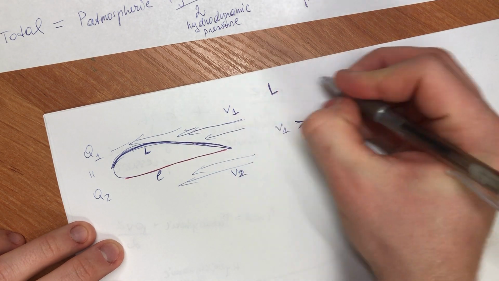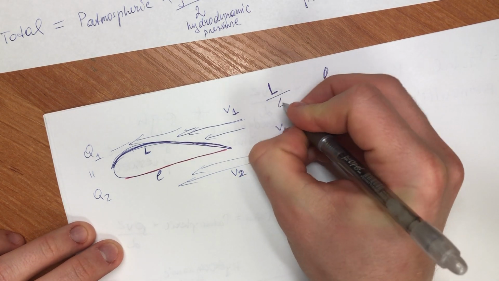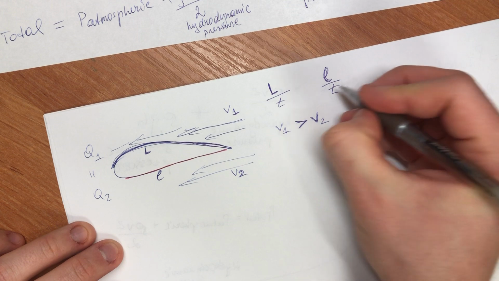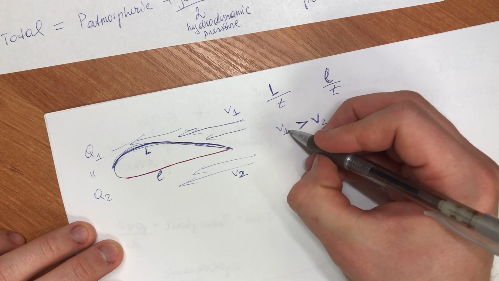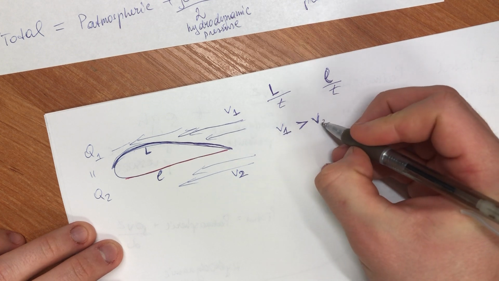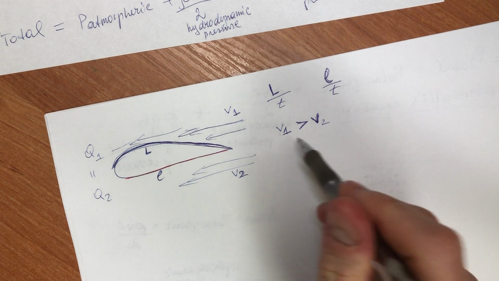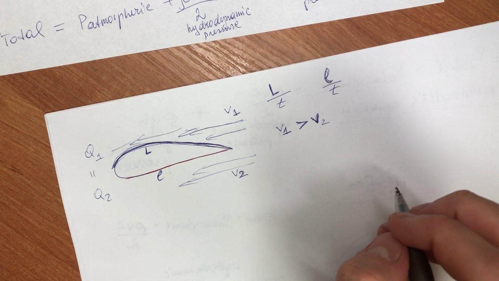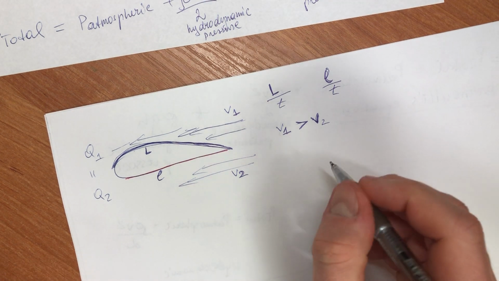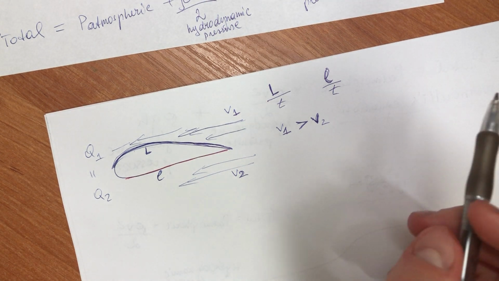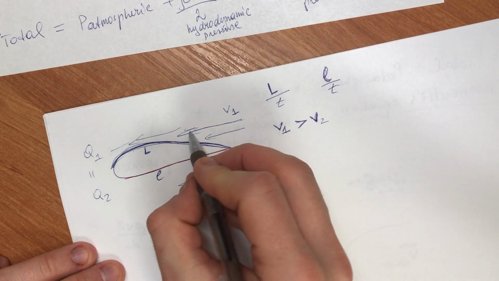This is L big, this is L small, and we divide by the same T. Because capital L is longer, V1 has to be more than V2. We used U in the previous case, so it doesn't matter, V or U, it is the speed.